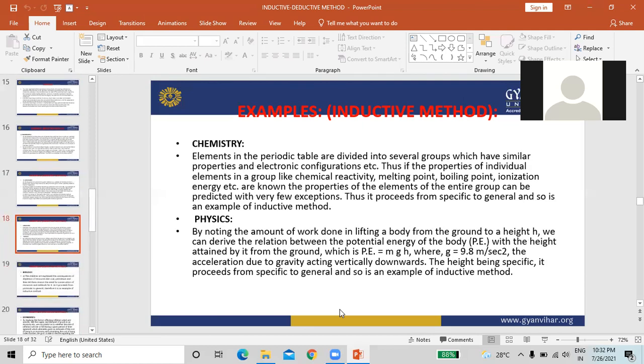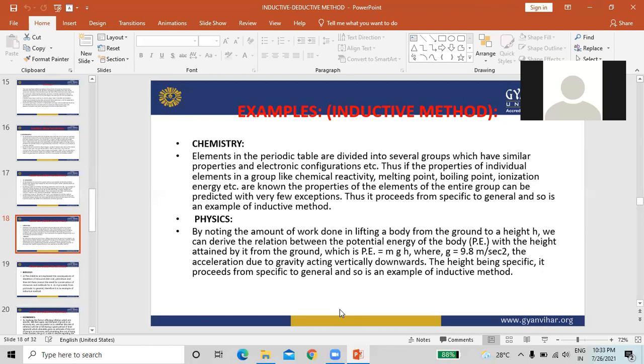Chemistry example of inductive method. Elements in the periodic table are divided into several groups which have similar properties and electronic configuration, etc. Thus, if the properties of individual elements in a group, like chemical reactivity, melting point, boiling point, ionization energy, etc., are known, the properties of the elements of the entire group can be predicted with very few exceptions.